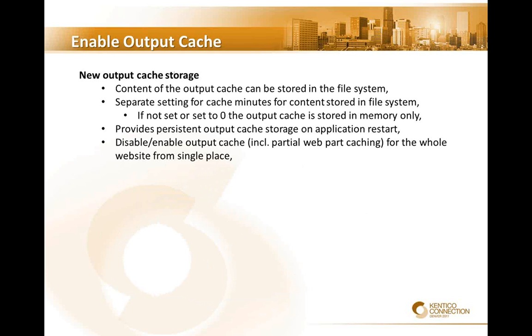The nice thing, and what I like the most about the new output cache, is the new storage for the output cache. So far, with previous versions, the output cache always stored its content in memory. The downside of in-memory storage is that whenever there is a crash on your website, or issues causing a restart of the website, you basically lose all the information that was cached in memory.